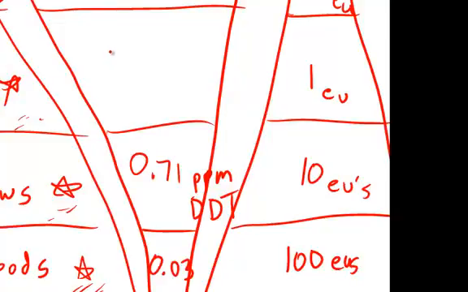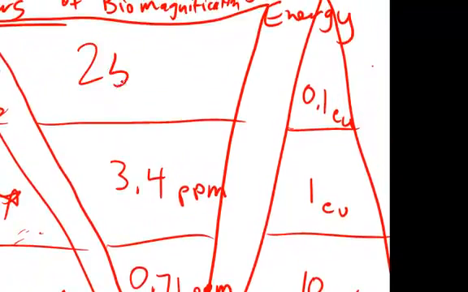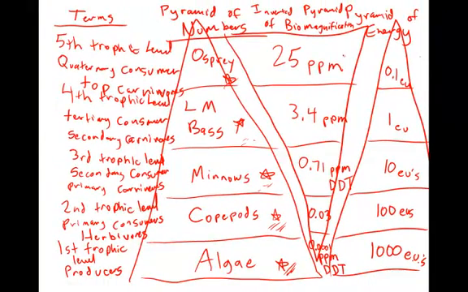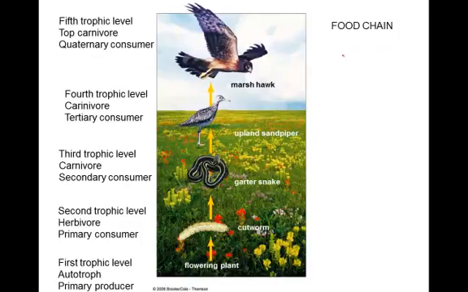It may be something like 3.4 parts per million. And when we get up to the ospreys, it can be 25 parts per million or higher. And that's the level at which avian reproduction, bird reproduction, can be affected. And if we go back, we can look at some real numbers rather than my made-up numbers.